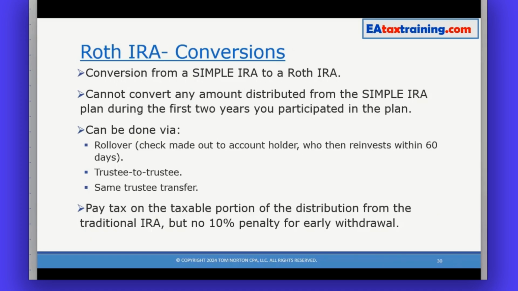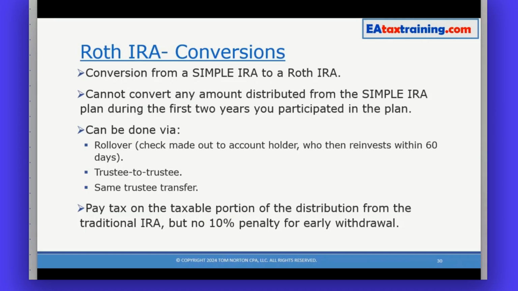However, there is a restriction, and that is you cannot do it within the first 2 years that you started participating in that SIMPLE IRA. So you have to wait at least 2 years. But once those 2 years are over, you can convert the money, you can roll it over from a SIMPLE IRA to a Roth IRA, and you can do it the same way we talked about before.